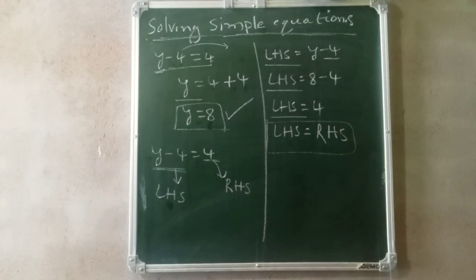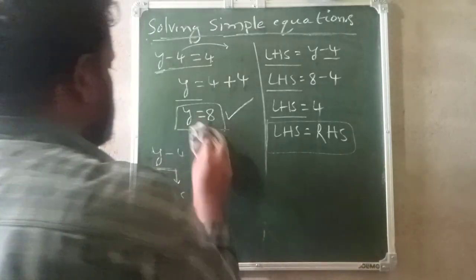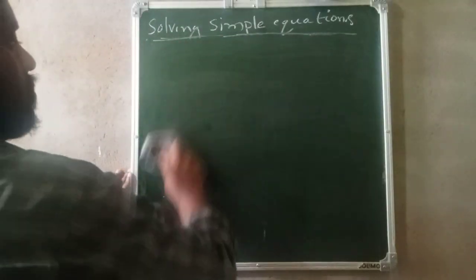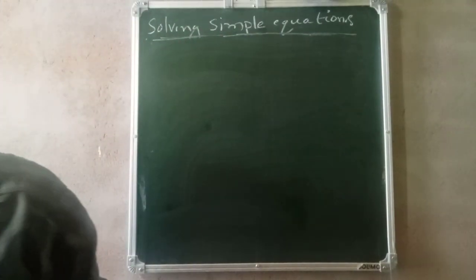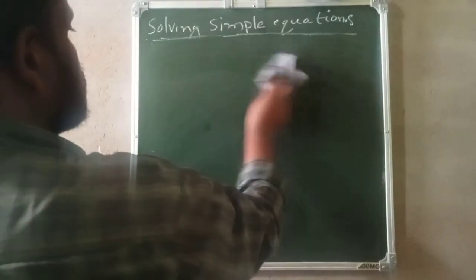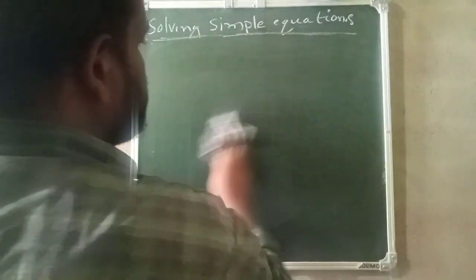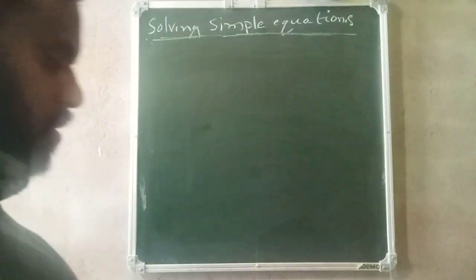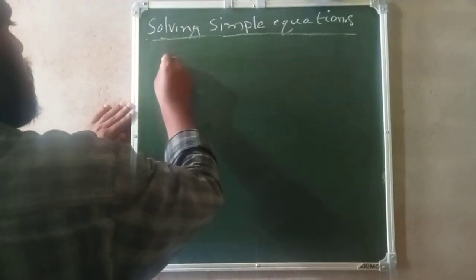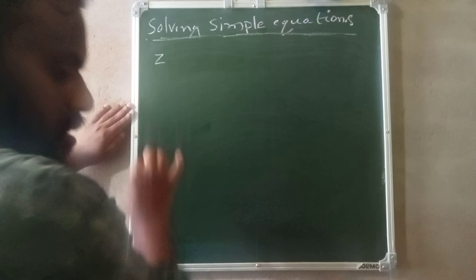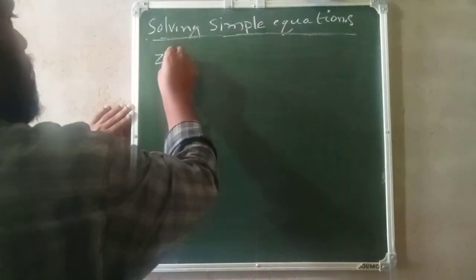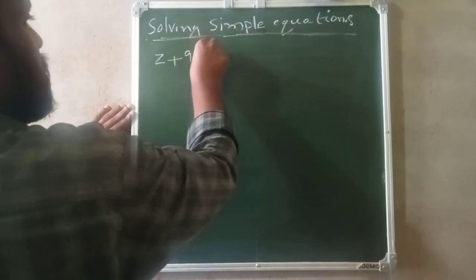Next I will move on to other equation. So next equation is z plus 9 is equal to 9.